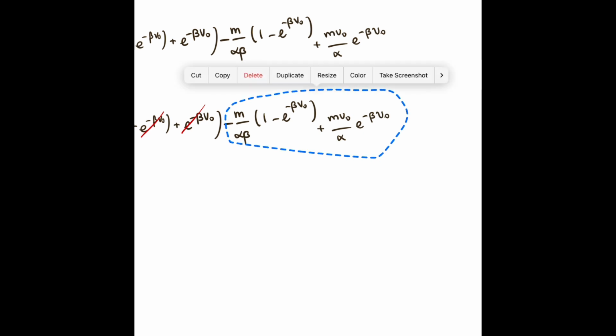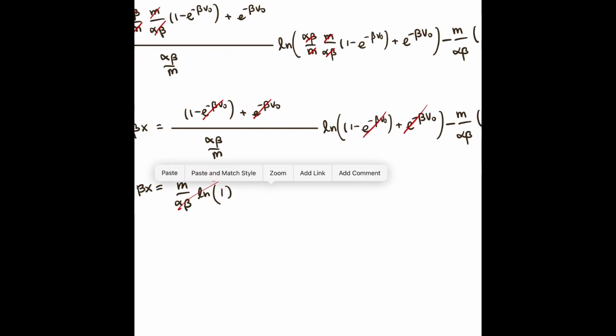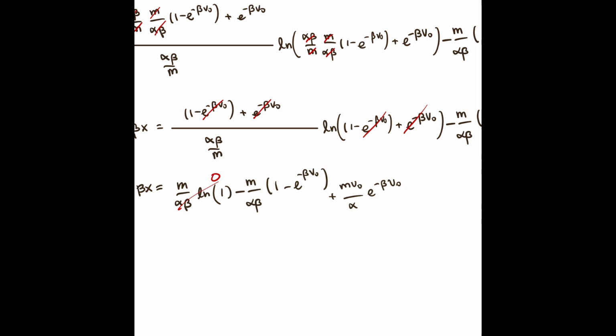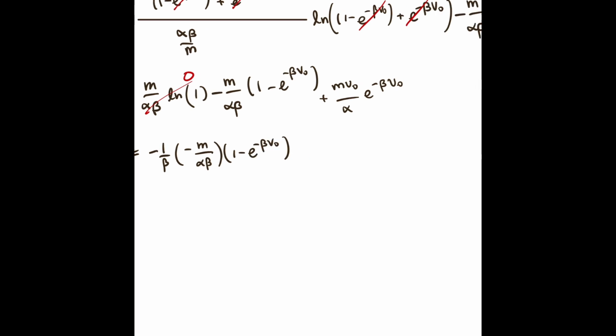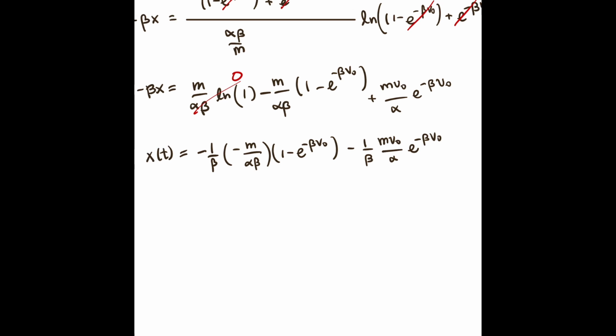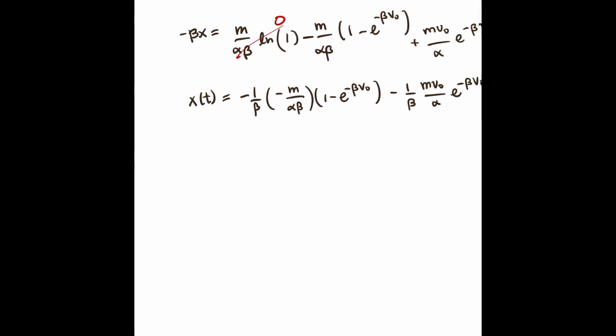Let's pull down the others as well. I'll finally divide by negative beta to get x by itself. So we'll just have x of t, and then the negatives cancel.